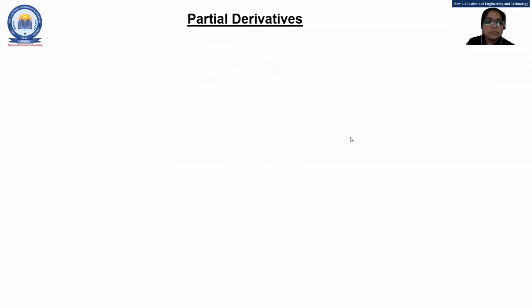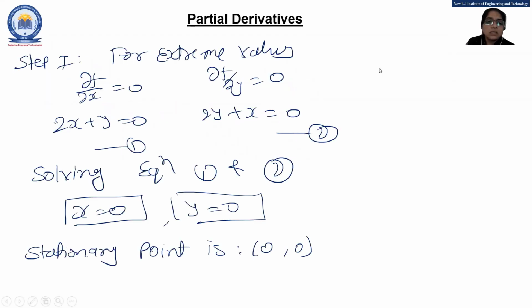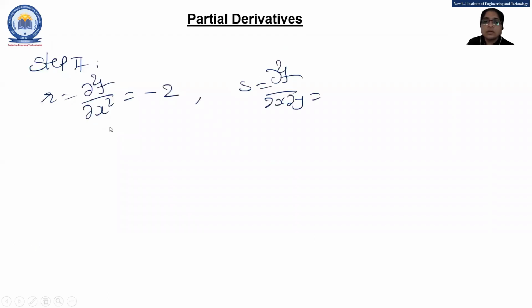So for step 2, r is 2, s is del square f by del x del y; by doing the partial derivative of this equation with respect to y, we get 1 here.